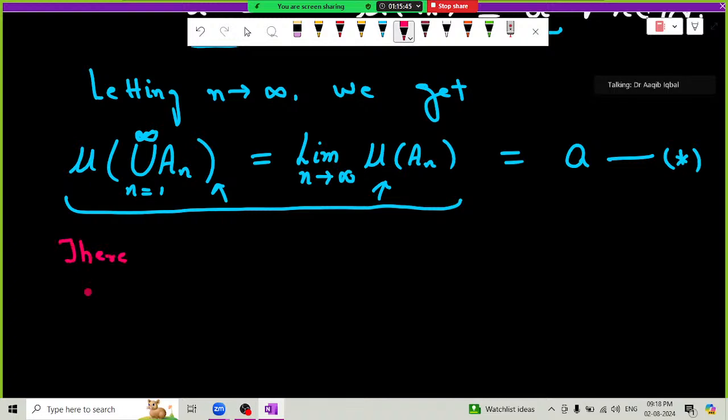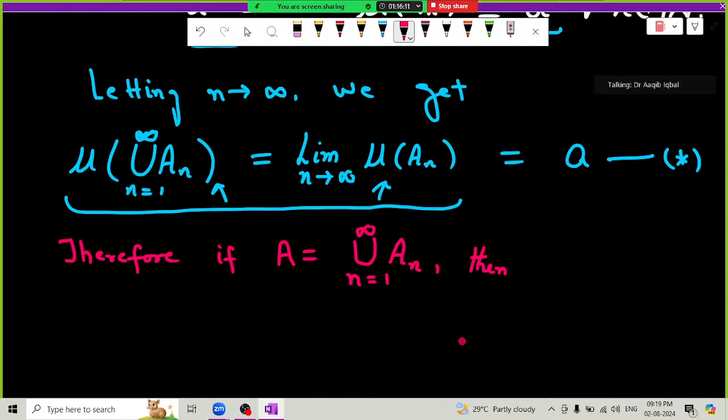Therefore, if A be equal to the union of these ANs, then, now we are going towards the conclusion now, this A is a positive set.